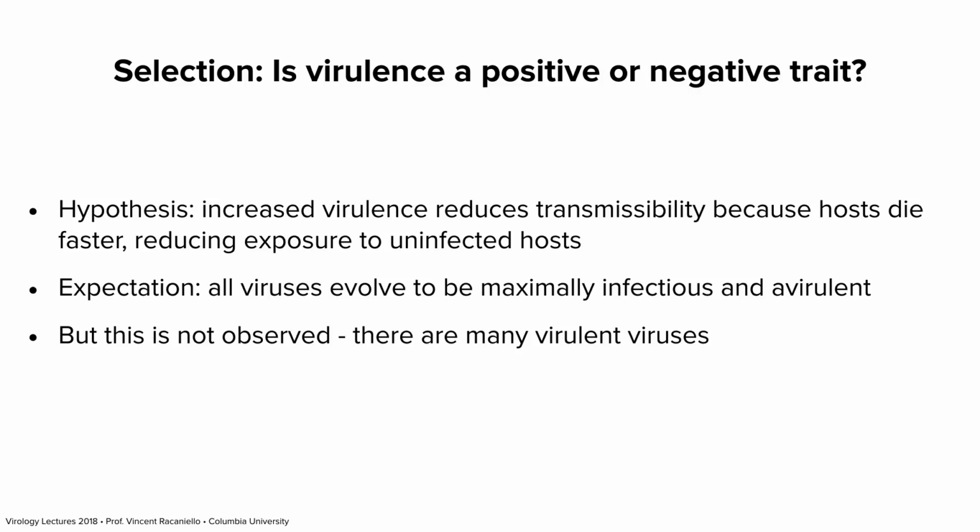But we don't actually see that. We see that there are many human viruses out there that have been with us for a while, and they're virulent. So what is going on? Let me first give you an example of an experiment which supports the idea that there is an evolution of virulence to lesser virulence.